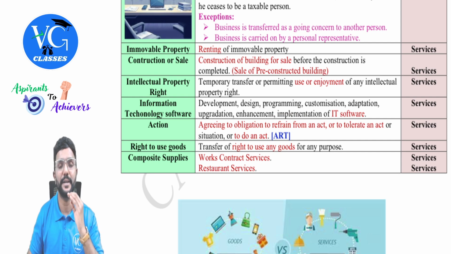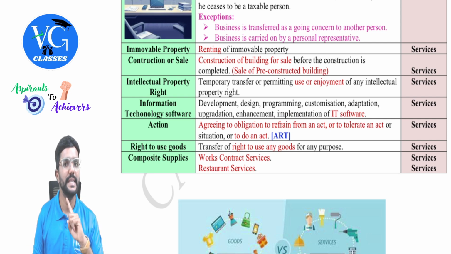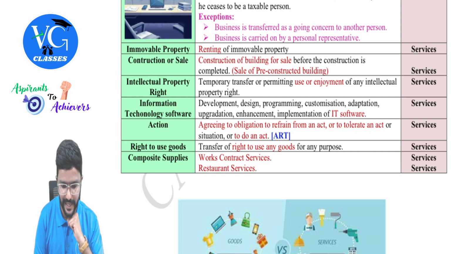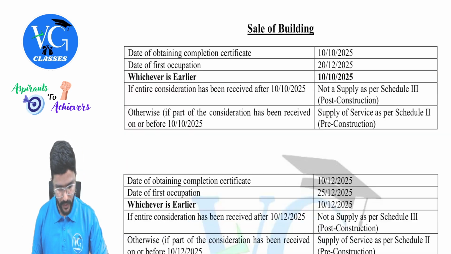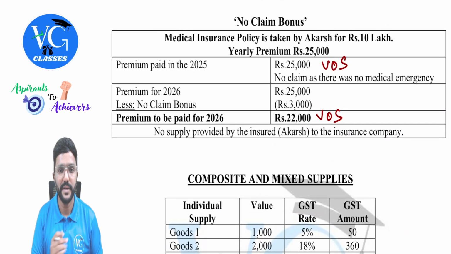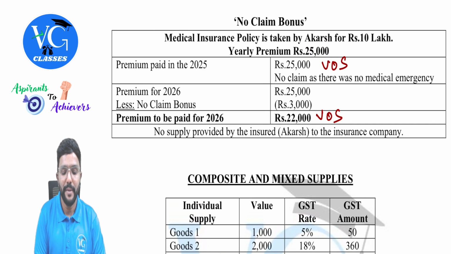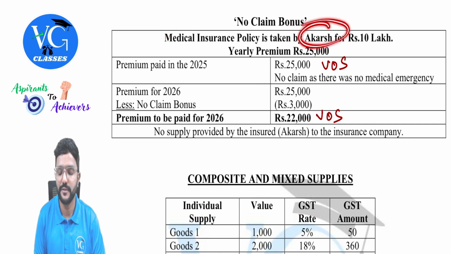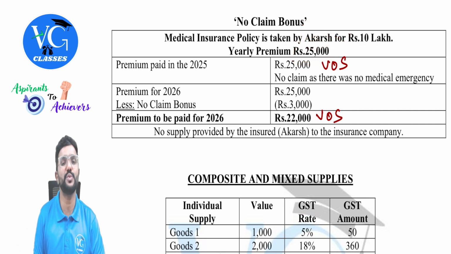Got it? Yes. But no claim bonus given by the insurance company is not treated as supply, guys. No claim bonus. What is it? I will just explain with an example. Assume a medical insurance policy is taken by Akash for 10 lakh rupees, which is the policy amount. The yearly premium which he has to pay is 25,000. It is a health insurance or medical insurance policy, guys.